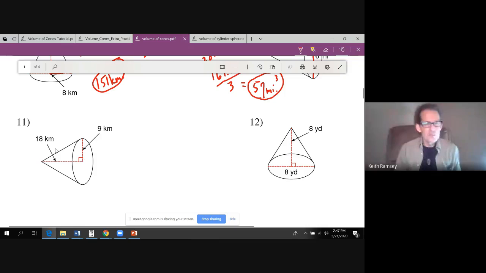Okay, let's look at number 11 together. So my radius is 9. So pi r squared means 9 times 3.14. Should be 254.34. Step 2, multiply that times the height. And the height looks like it's 18.